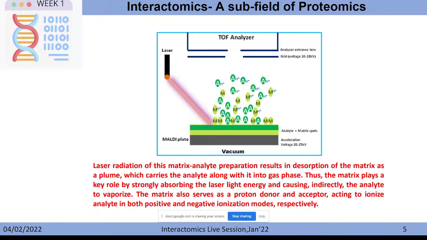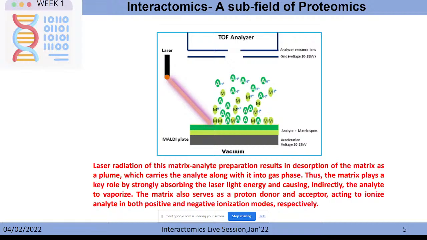After the invention of MALDI, which is matrix assisted laser desorption ionization, here in this matrix, with the help of the laser, you can control your voltage, and it will give you the charged ions. It helps in the disruption of the matrix, and then it carries your analyte into the gas phase.